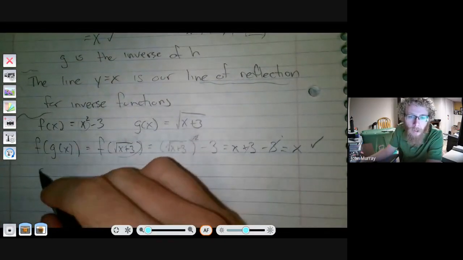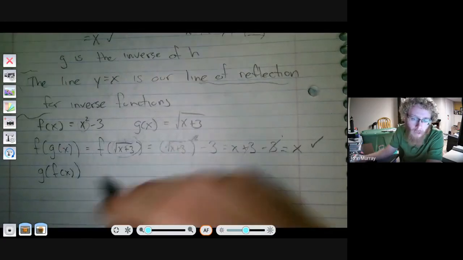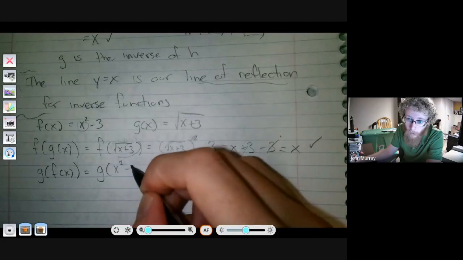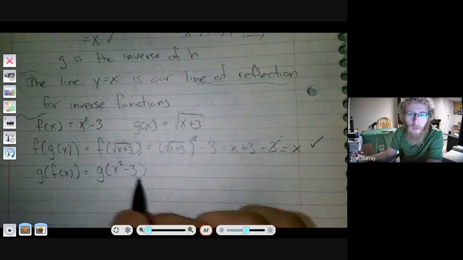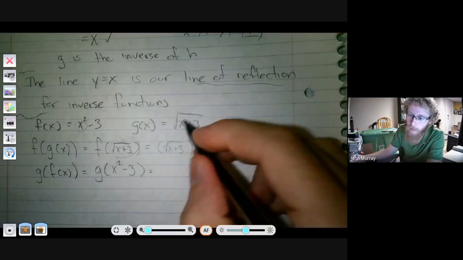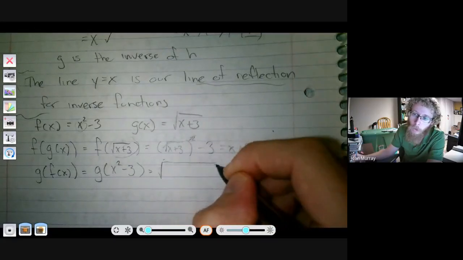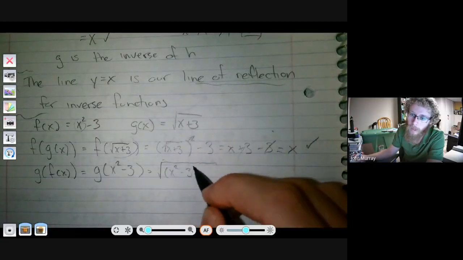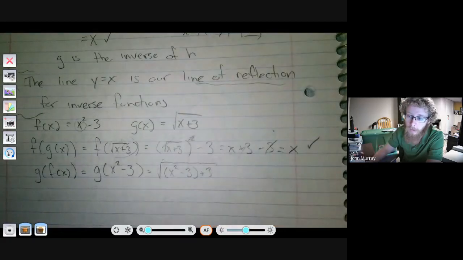Now, we have to make sure it's true for the opposite. Remember, these both have to equal x. So I'm plugging my expression x squared minus 3 into my g function now. Be careful here, because you're going to have the square root of the whole thing, x squared minus 3, plus 3.